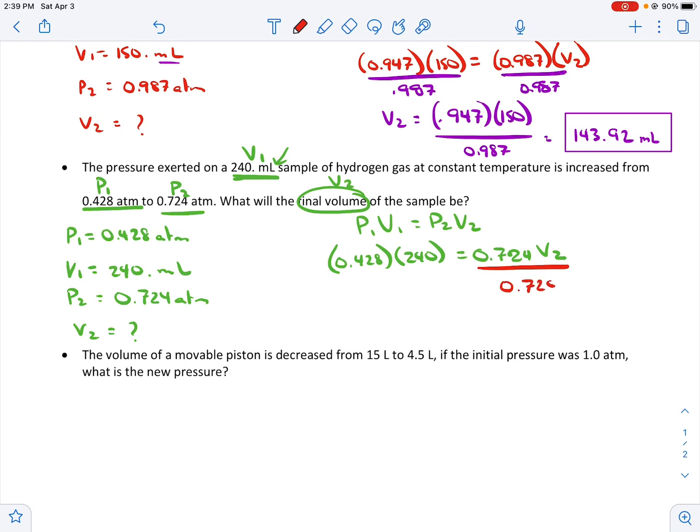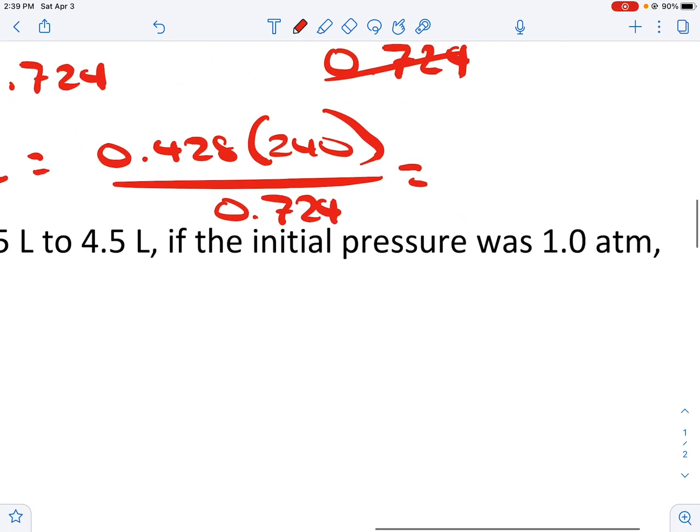So we're going to divide each side by 0.724 so it cancels on each side. All right. And V2 will be equal to 0.428 times 240 and then divided by 0.724. And we're ready to do our calculation. 0.428 times 240 divided by 0.724. And our answer, again, with two decimals, we should get 141.88, and our label is milliliters.